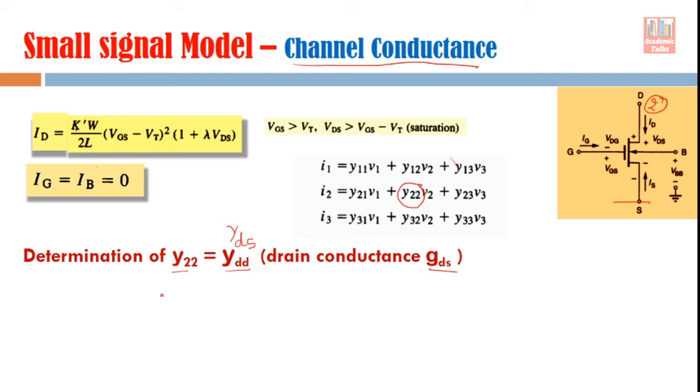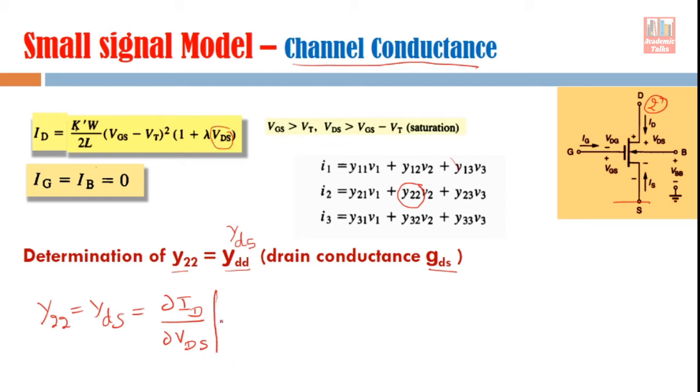Now if you want to find Y22, as you have seen in the earlier slide, that is actually your YDS, and that will be curly ID over curly V2. V2 is the drain voltage, curly VD, and it is VDS. That VDS is appearing here, this VDS.